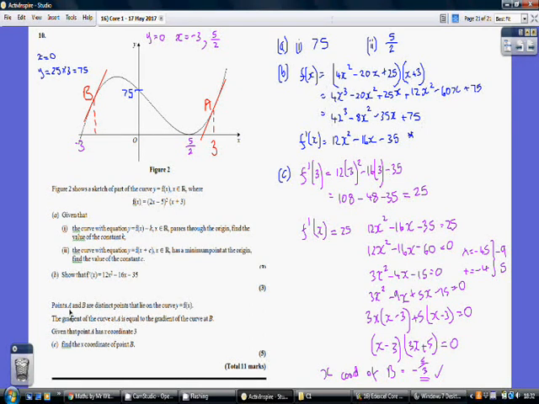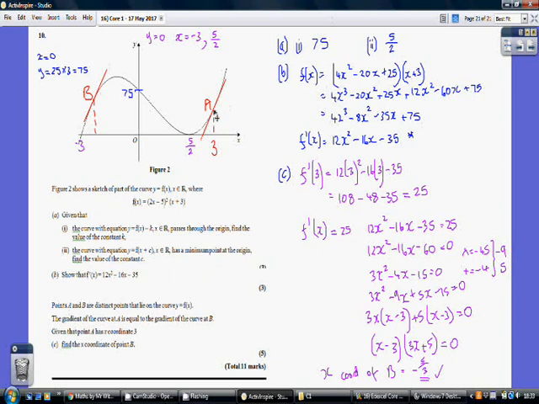Now for part C, we've been told that the gradient of the curve at A is equal to the gradient of the curve at B, and A has x coordinate of plus 3. So there's 2.5, so this is about plus 3. So taking the gradient of the curve there at point A, and just for the purposes of the diagram, that gradient looks about the same, so I'm making point B be about there. So now I've got to find the x coordinate of B over here, so it's going to be some negative value.